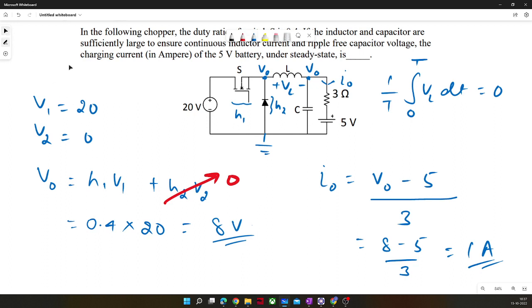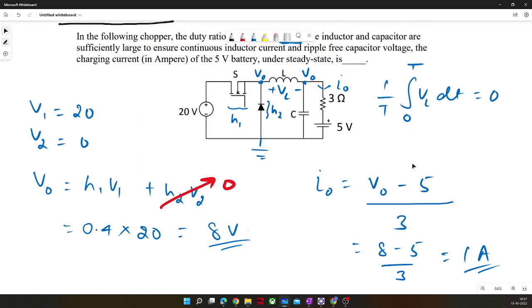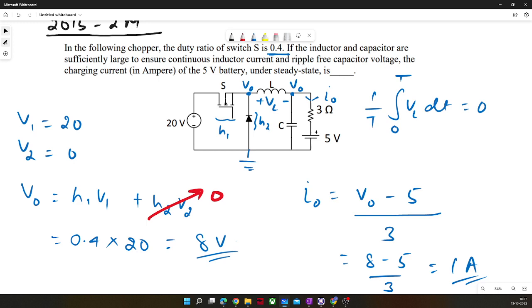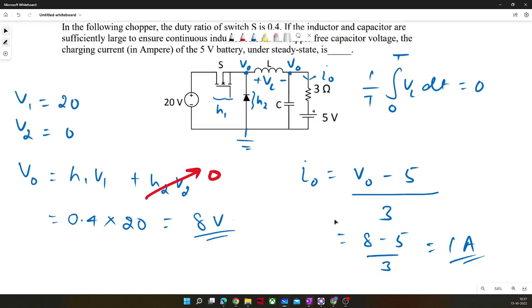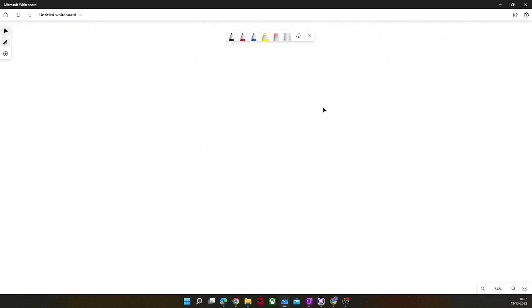I hope you must have felt this question very easy now. Any doubt there? No, sir. Okay, fine. So we will see one more problem based on this kind of thing. The concept I have discussed today is similar to that.